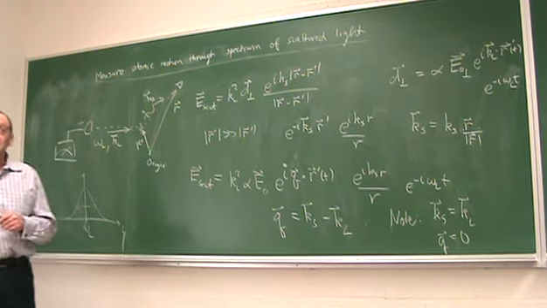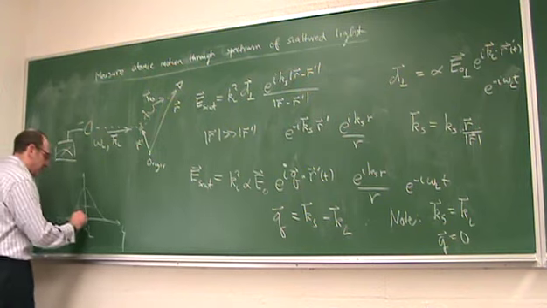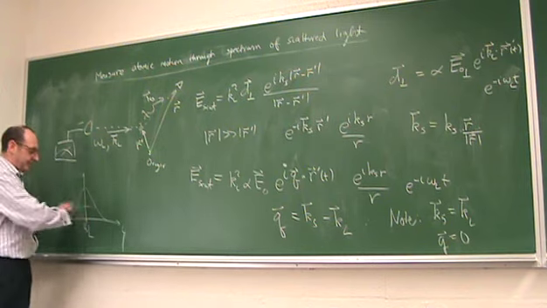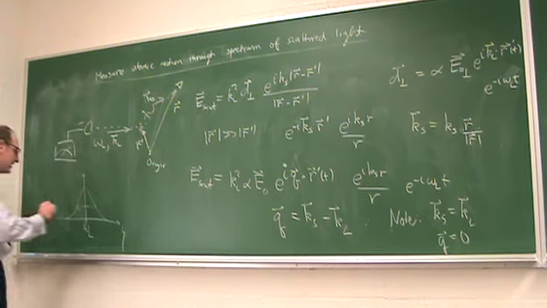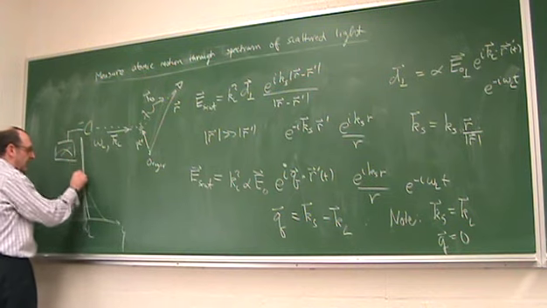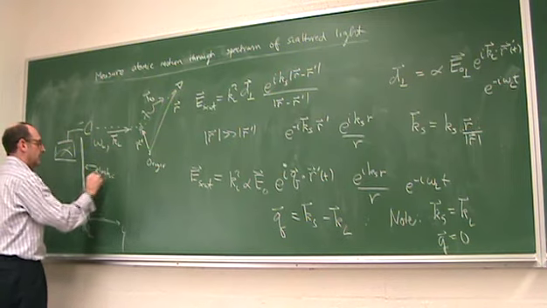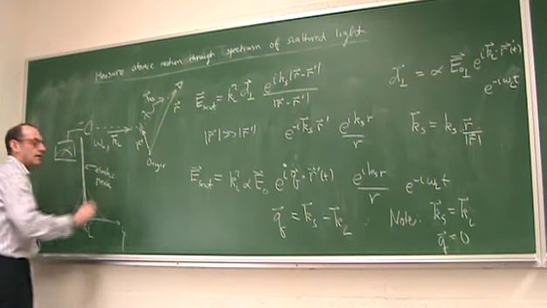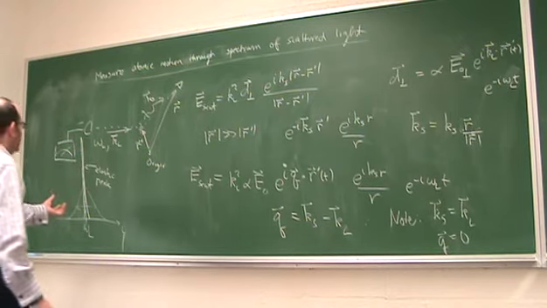What was observed when this experiment was done was the following. There was this broad pedestal of scattered light, but in addition, there was a huge peak, a so-called elastic peak, right at the origin. That is, right at the same frequency.